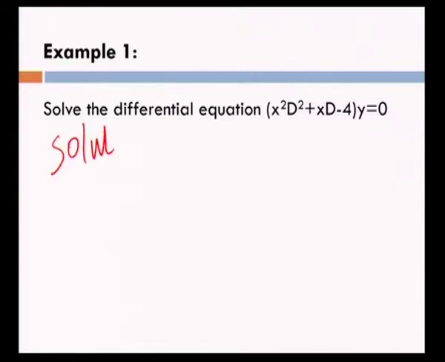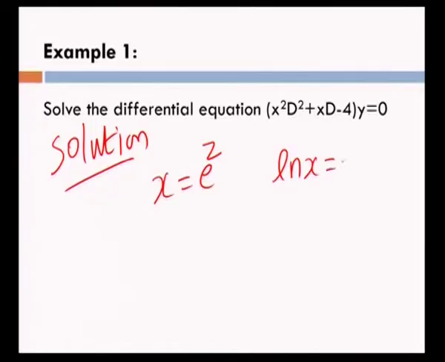Solution to this linear differential equation is obtained by converting the equation into operator form. So, by substitution, first we need to substitute x is equal to e power z. Then, to remove this exponential part, we need to take log on both sides of this assumption.